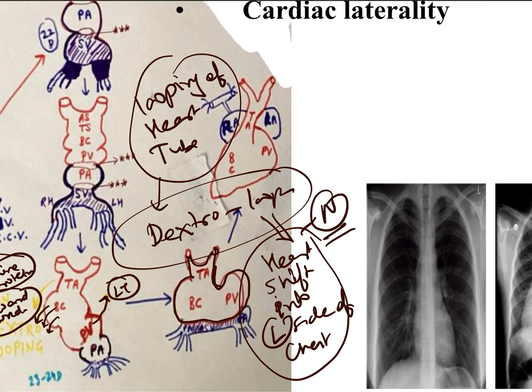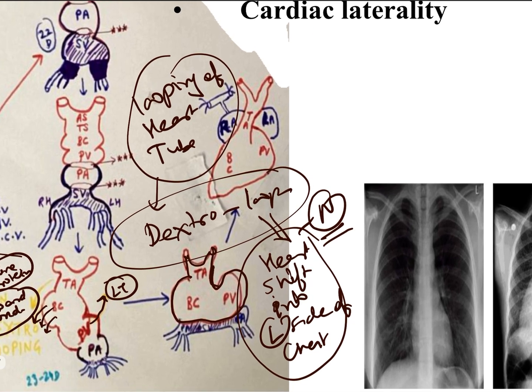If you see this heart shadow, it is comparatively towards the left side. This is the lung shadow and these are ribs, but this opaque shadow is the heart shadow, which is comparatively on the left side. This is left and this is right. This is because of dynein protein, and this is known as dextrolooping of the heart.